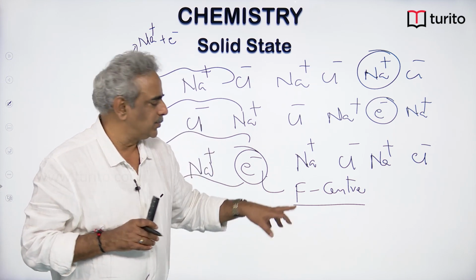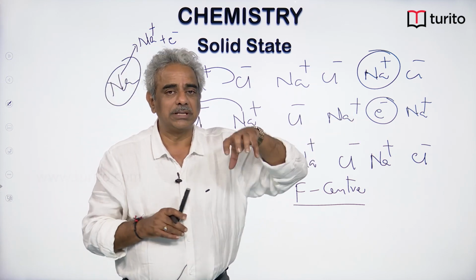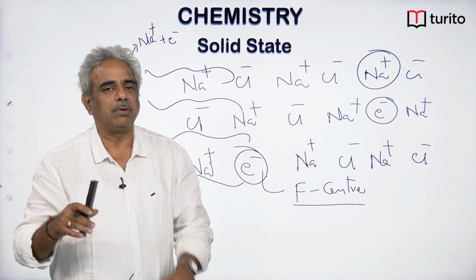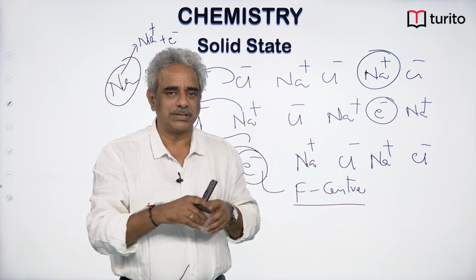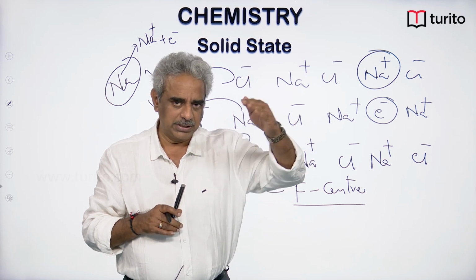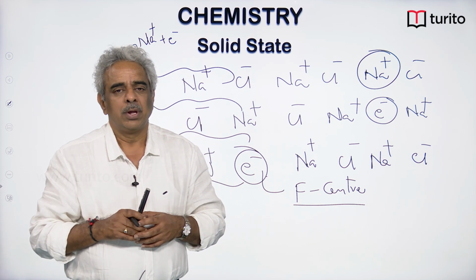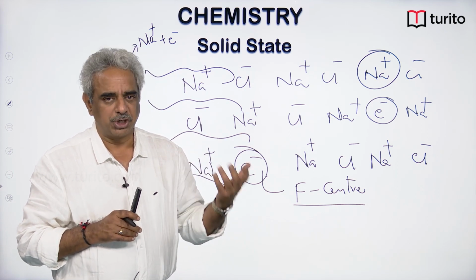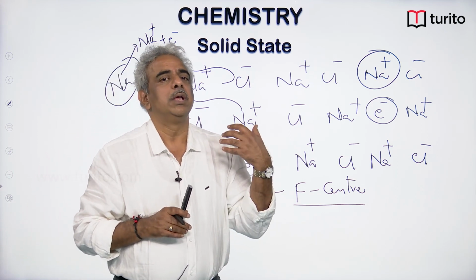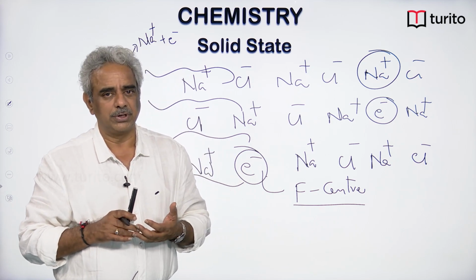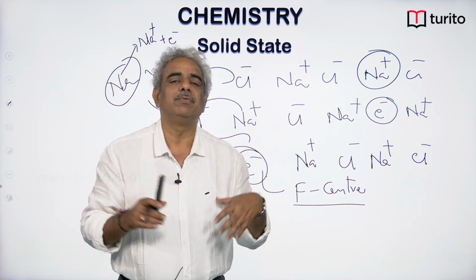Why the color? Color is because of the trapped electrons in the lattice. So, why different colors? The energy levels developed in the F centers may not be the same. So, based on the wavelength of visible light being absorbed, a system will show some color.